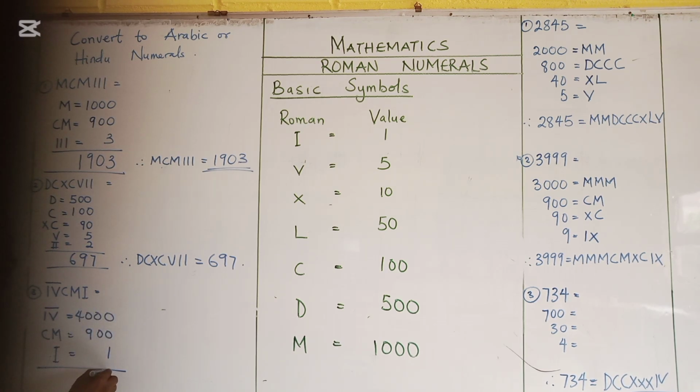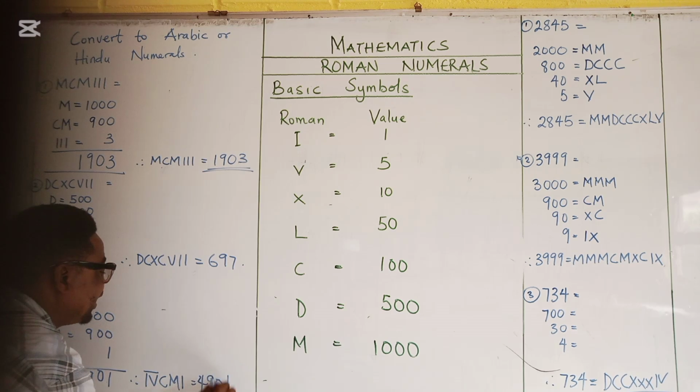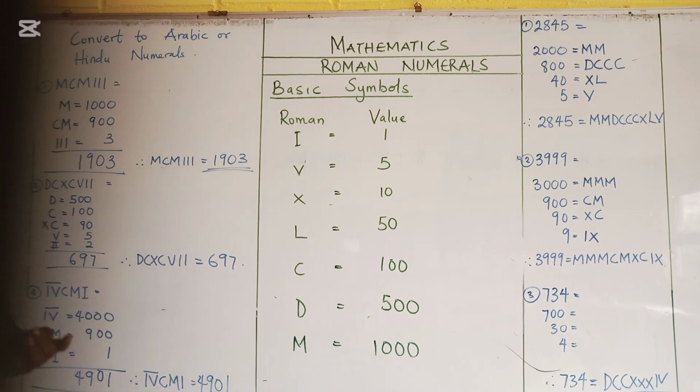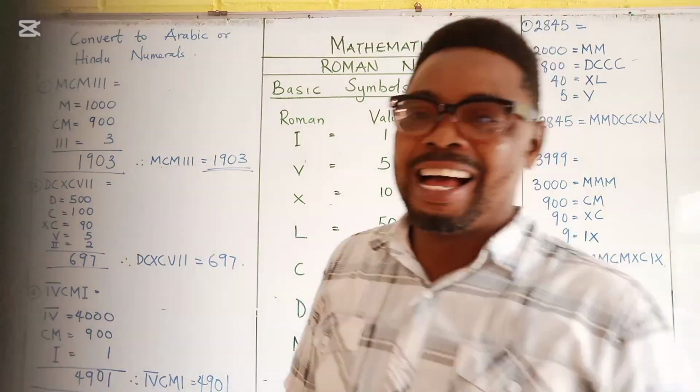So the number is 4, 9, 0, 1. Therefore, IV vinculum CMI will give us 4,901. That is all about Roman numerals.